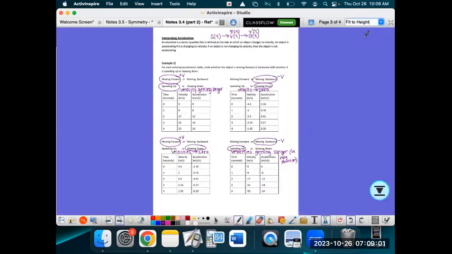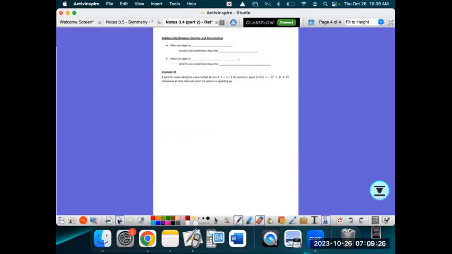If you notice in the two tables, this one and this one, where the velocities and accelerations have the same sign, our particle is speeding up. It just happened to be in that one direction that the particle is moving. In the tables where we have opposite signs for the velocity and the acceleration, our particle is slowing down. That's not a coincidence, so we're going to write that in this table.